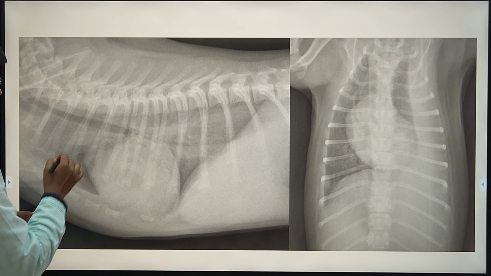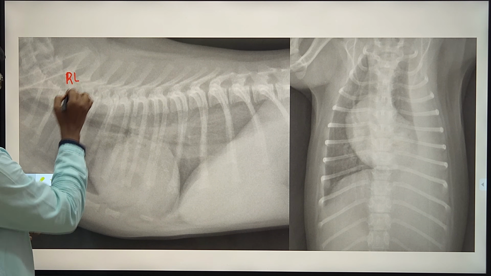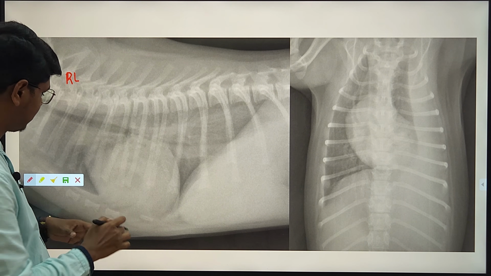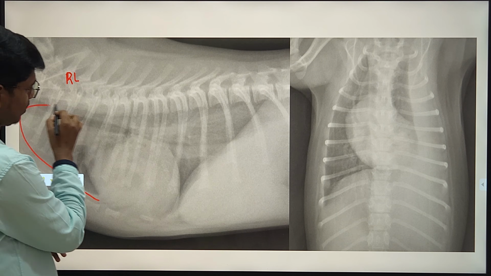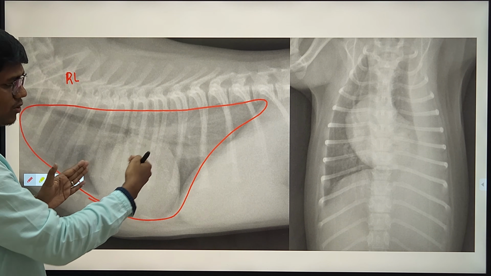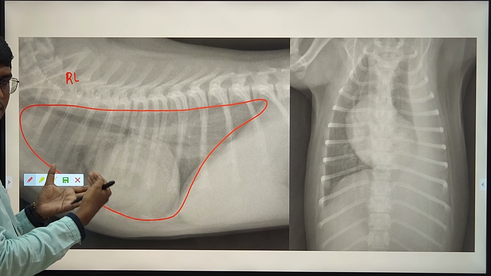See here, this is a right lateral view of a cat who has had an accident. Okay, you can see the entire radio-opacity of the thorax is slightly increased. It does not look like this. There is slight increase in opacity of the lungs in lateral view.